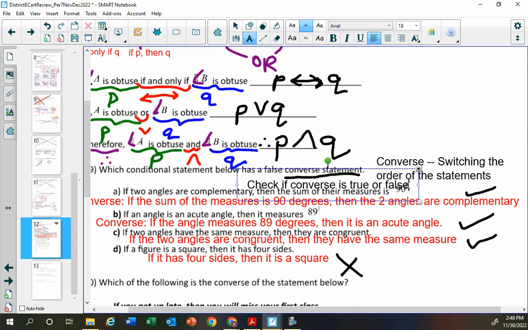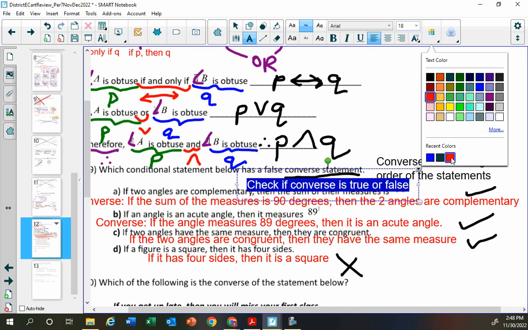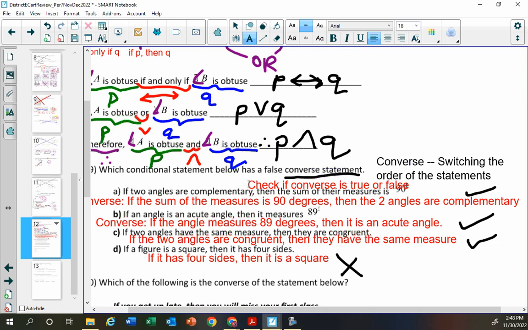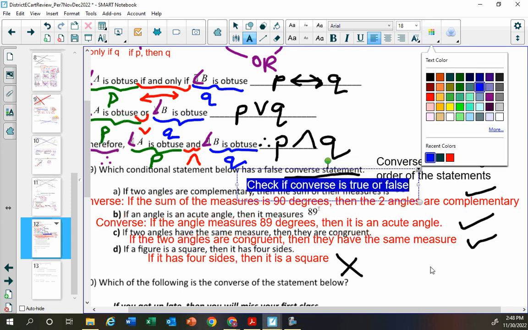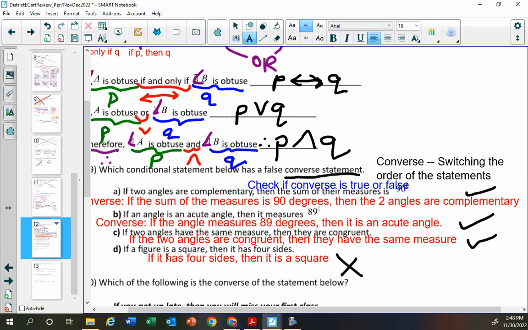That's what you have to do. This is two parts: one, switch your order, and then check if it's true or false. If the statement could be true, then leave it alone. But it could be false, so be careful.